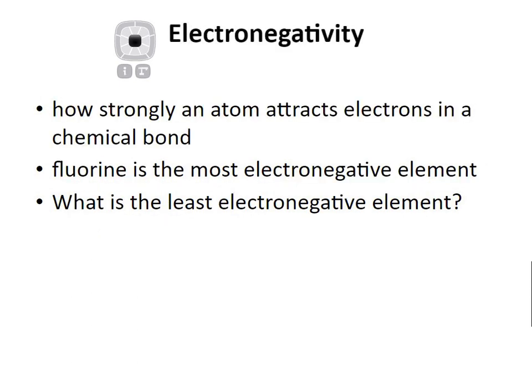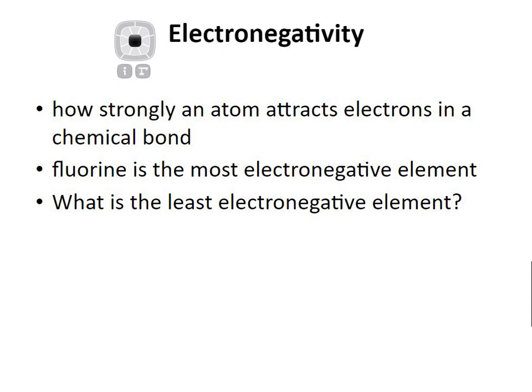Okay? The next trend and the last trend we need to talk about is electronegativity. Electronegativity is how strongly an atom attracts electrons in a chemical bond. And fluorine is going to be the most electronegative element.